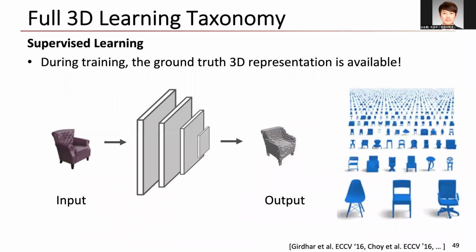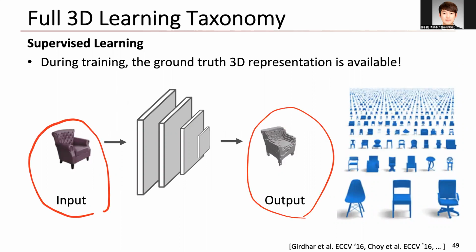But after the deep learning revolution, most methods try to find the direct mapping function between the input 2D image and the full 3D model. In this case, the voxel model.